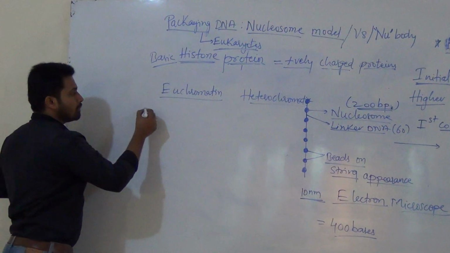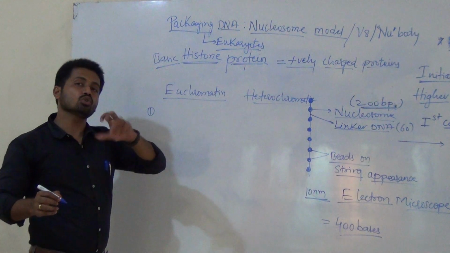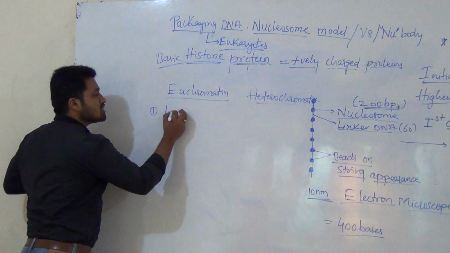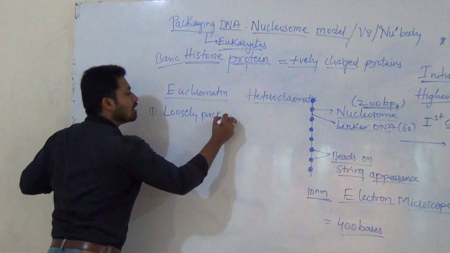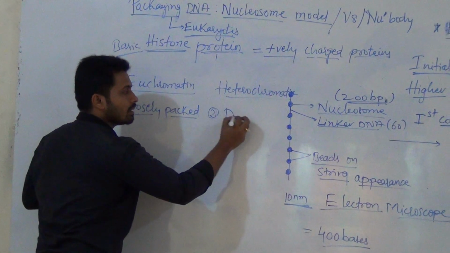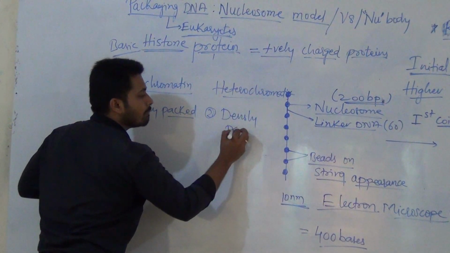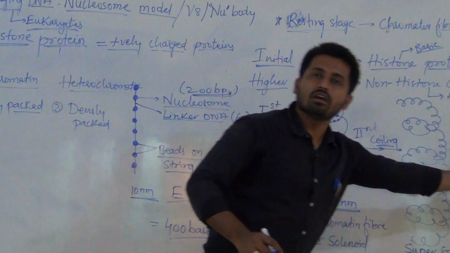Okay, euchromatin, you can tell in your own words. Is it lightly packed, loosely packed, or densely packed? It is loosely packed. And the second, it is densely packed. All that explanation is here only. You can tell your own.